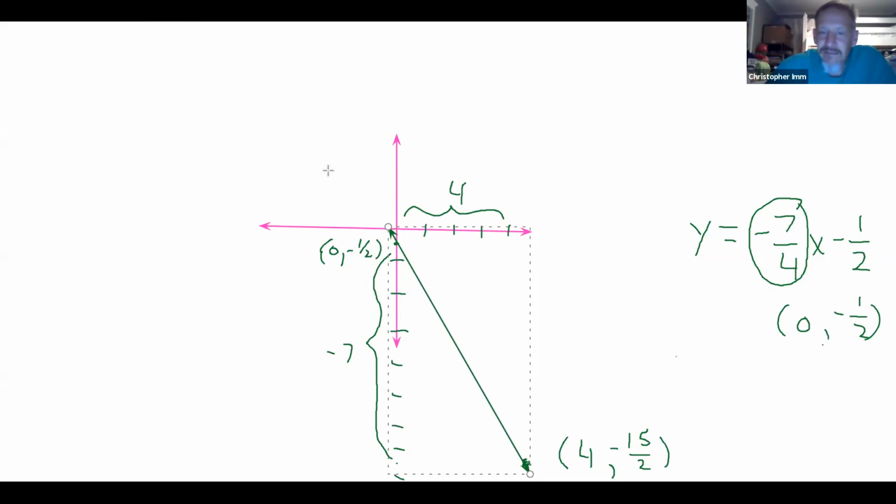Now, the next one is going to be something like, we want to find a line that's parallel to that line that goes to a certain point, or we want to find a line that's perpendicular to that line and goes through a certain point. So I'm not really sure what the problem's going to give me, but let me just show you an example here.